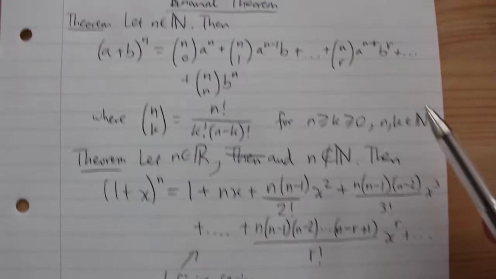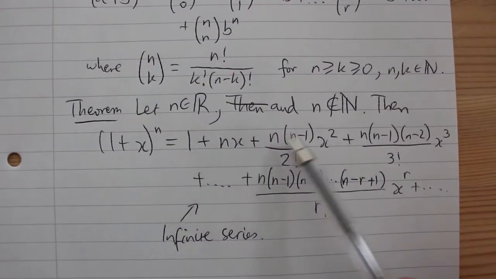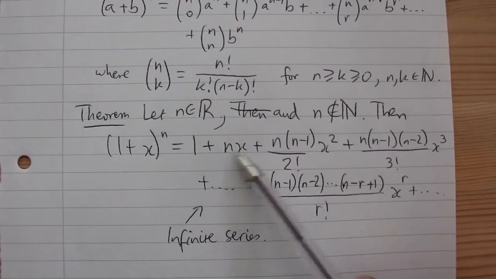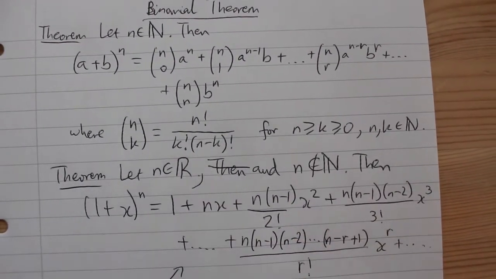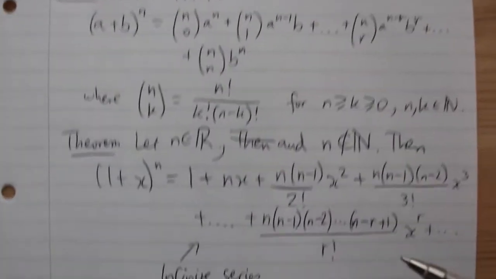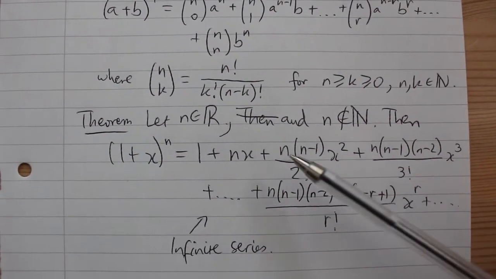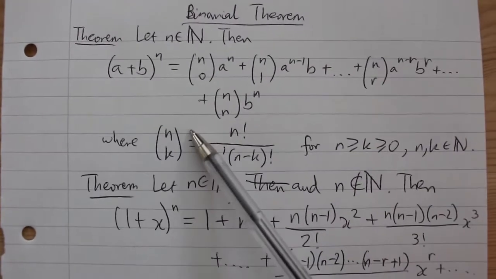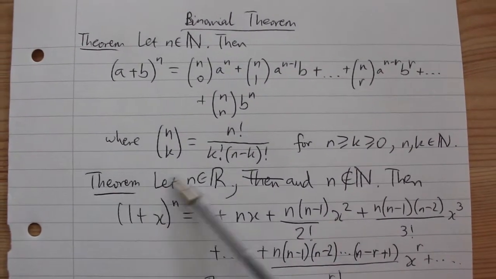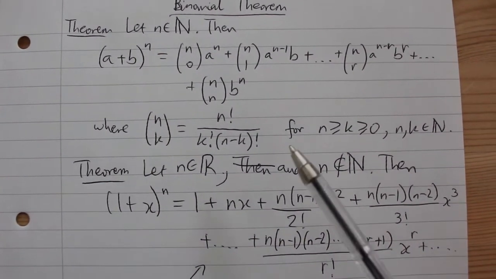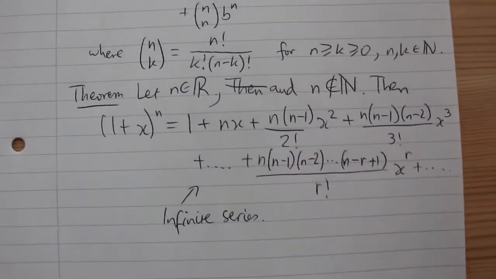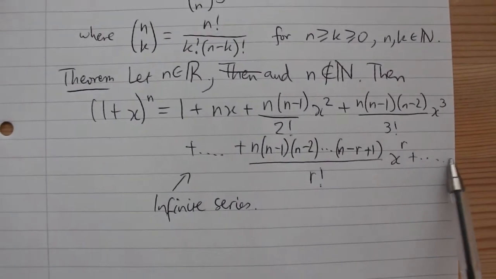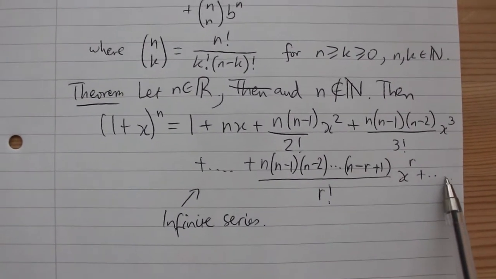And notice, although the coefficients of the powers of x look familiar to these coefficients here, in fact they agree when n is a natural number. But the reason we don't write it like this is because these binomial coefficients n choose k are only defined for natural numbers.